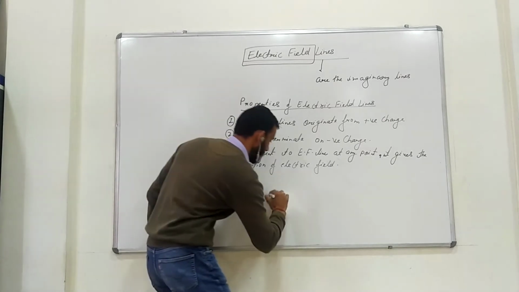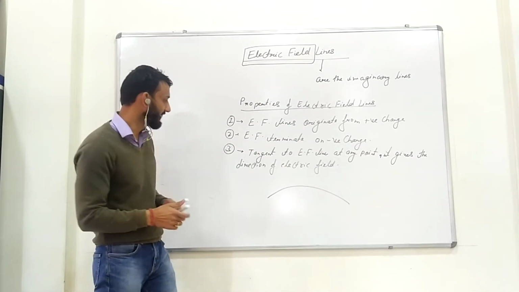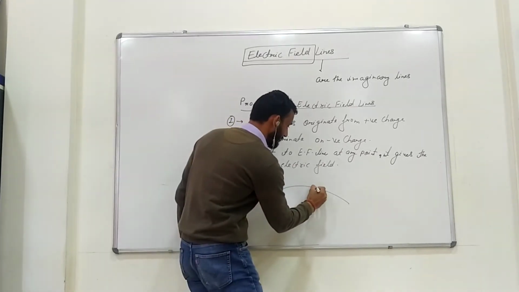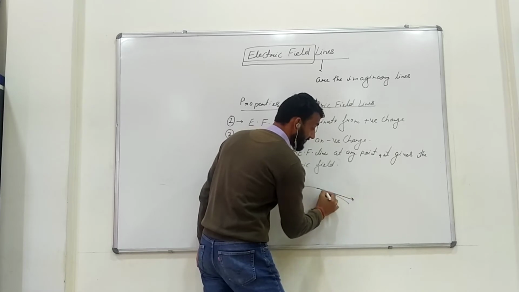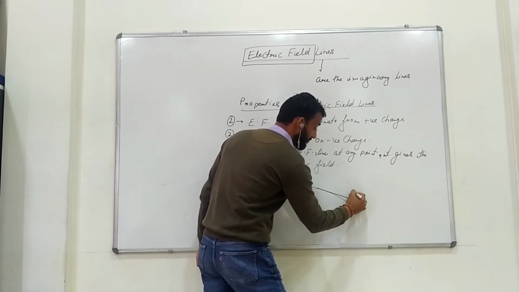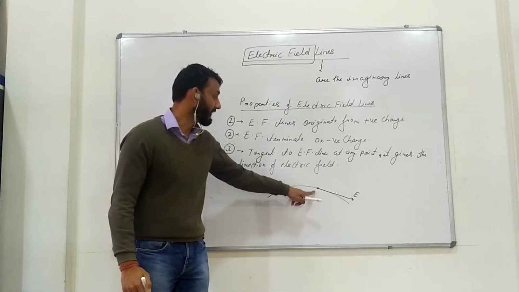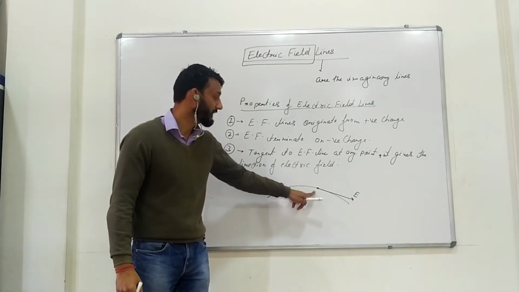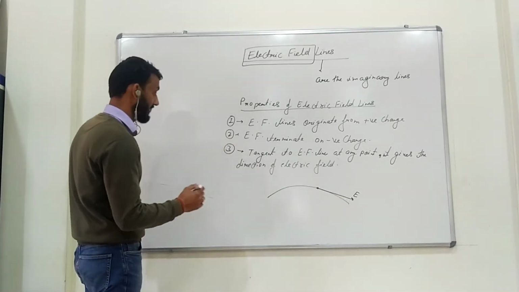If this is the electric field line, you choose a point on this field line. Suppose this is the point I chose, and I draw a tangent like this, then this tangent will give me the direction of the electric field at that particular point. So at any point, if you draw a tangent, that tangent will give you the direction of the electric field.